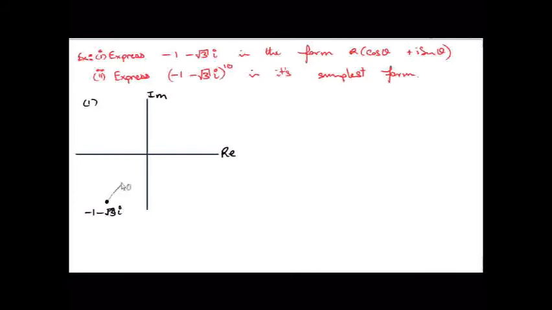Now, quite obviously, the length of that is r. Okay? Now, to get to there, I would have to go back 1 and down root 3, correct? So back 1, down root 3. Let's call this angle in here alpha. Now, I'm not really interested in alpha.